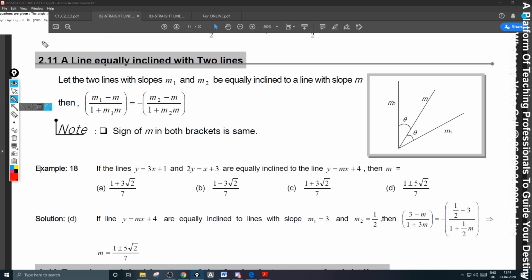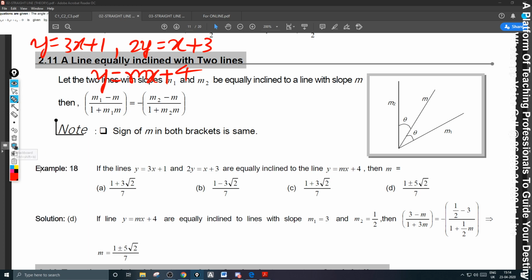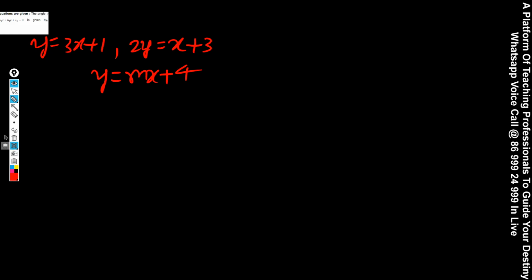That is, first line given to be y is equal to 3x plus 1, and other line given to be 2y is equal to x plus 3, and the equally inclined line is given to be y is equal to mx plus 4. Then you have to find out the value of m. That's it. Okay. See that interesting problem.